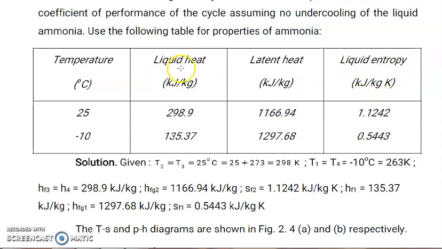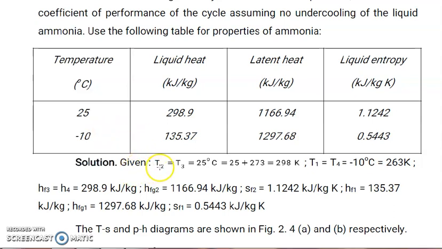All of you know liquid heat means hf is given, latent heat means hfg is given, and liquid entropy means sf data is given. At 25 degrees Celsius, state 2 and state 3 are lying, and at minus 10 degrees Celsius, state 1 and state 4 lie.